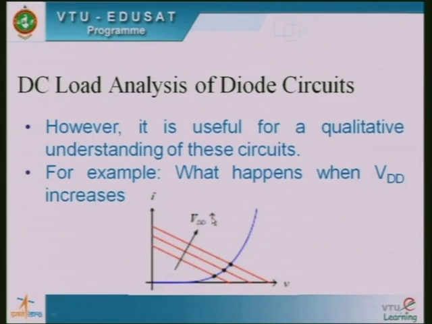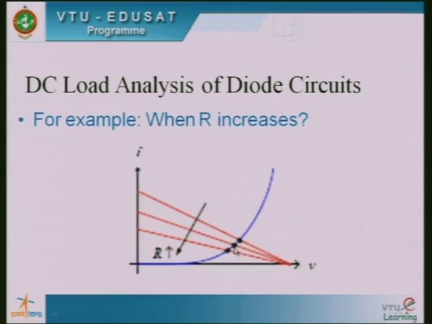Whenever VDD increases, the operating point, that is the intersection point, also increases. So by increasing VDD, what is happening in the diode circuit can be noted from this graphical analysis technique.